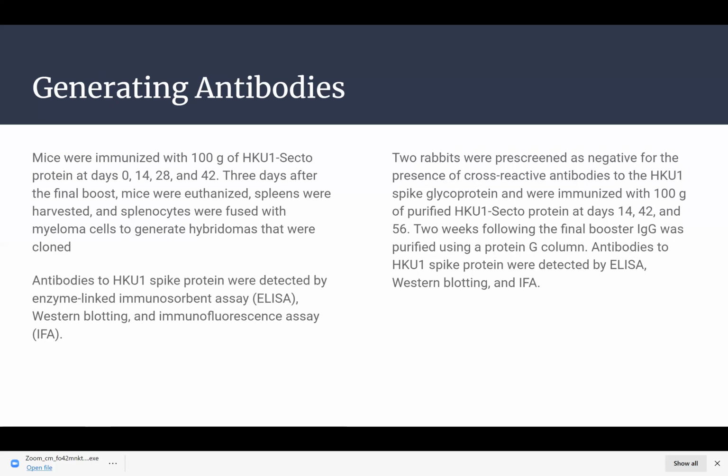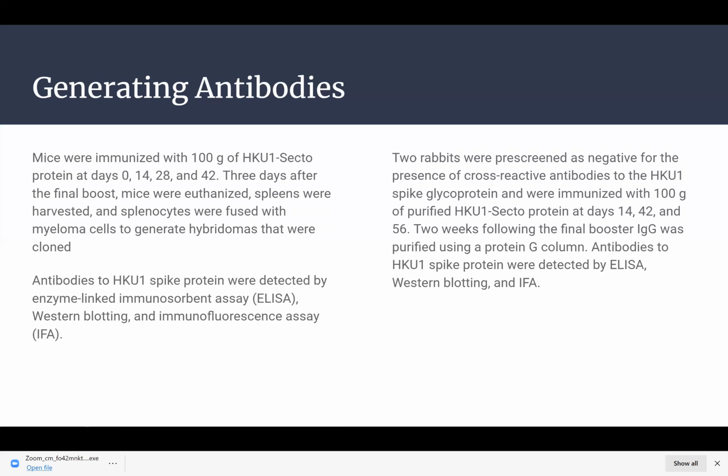So the antibodies to the HKU1 spike protein were detected by an enzyme-linked immunosorbent assay. So we'll be talking about this in a little bit, what the ELISA is, and also Western blotting and an IFA.